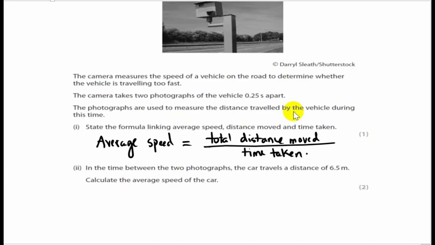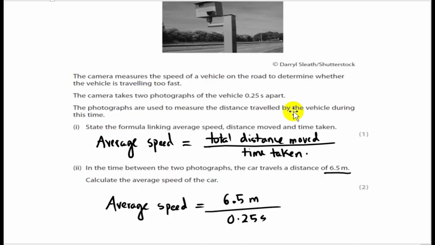Now calculate the average speed. In the time between the two photographs, the car traveled a distance of 6.5 meter. Calculate the average speed of the car. So average speed equals distance moved, here 6.5 meter, and time 0.25 second.